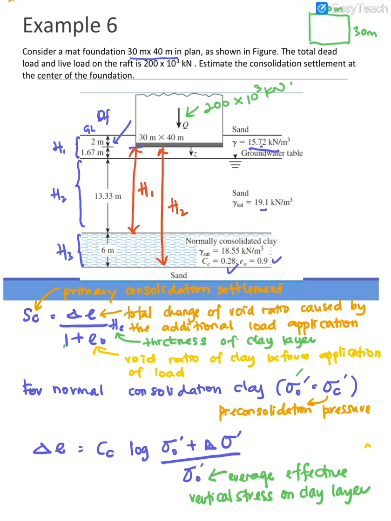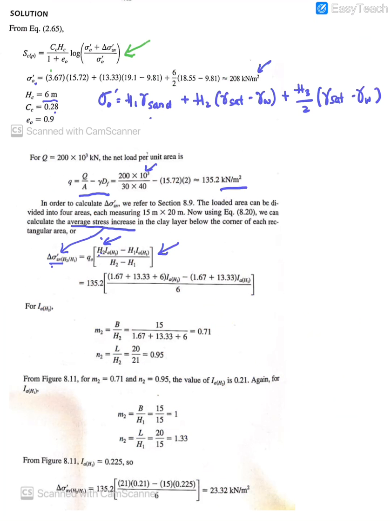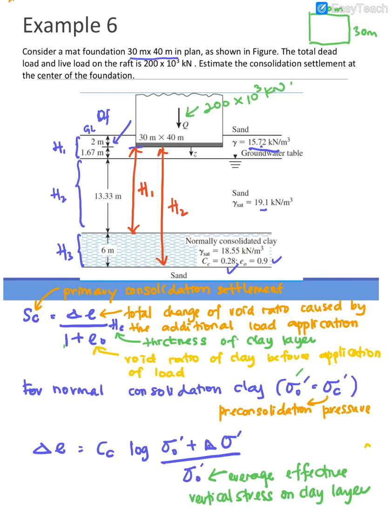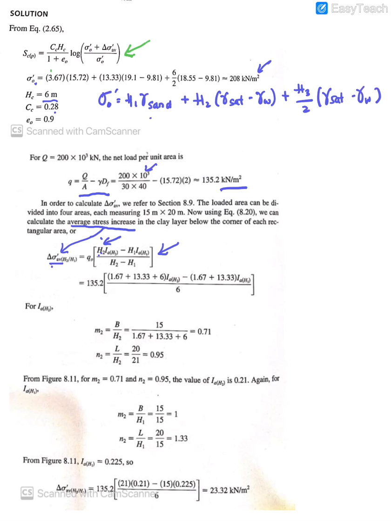Alright, okay, now H2 is equal to 1.67 plus 13.33 meter plus 6 meter. That one is H2, here. Okay, this one is H2, right?